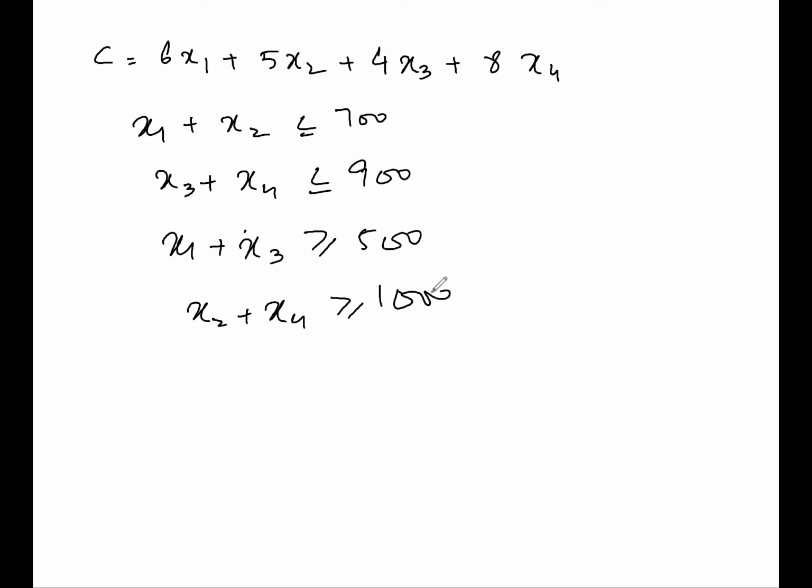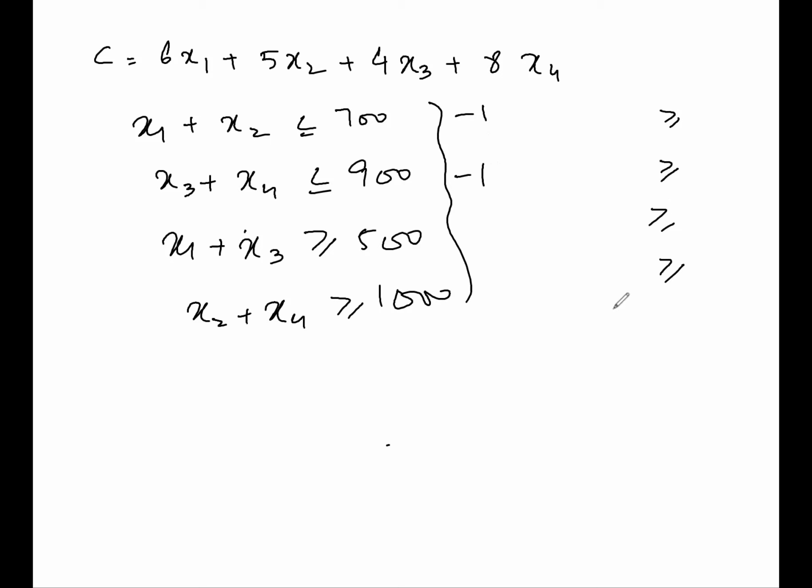This is a problem of minimization, because here some constraints are in less than form and some constraints are in greater than form. So first of all, we will convert all the constraints into the greater than form by multiplying with the negative sign, so that all the constraints are in the same form.